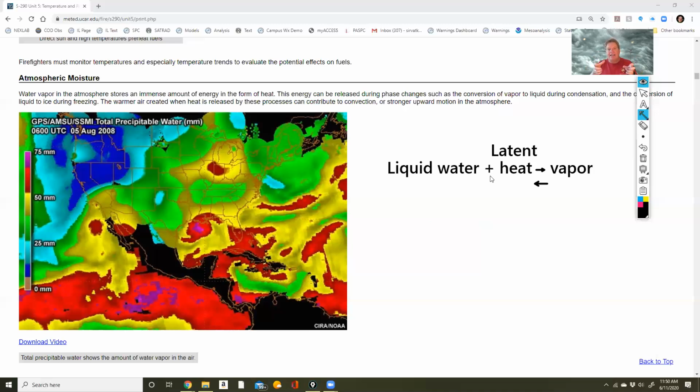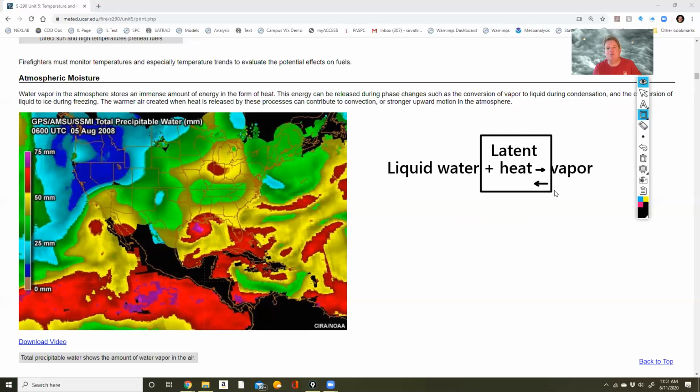At this point, I continue to lift the air, the pressure continues to decrease, the box expands, it continues to cool, but it wants to cool at 10 degrees Celsius per kilometer. But at the same time it's cooling, what's going on inside the box? Vapor is turning into liquid. Water vapor condenses. But what's being released? And the answer is latent heat.